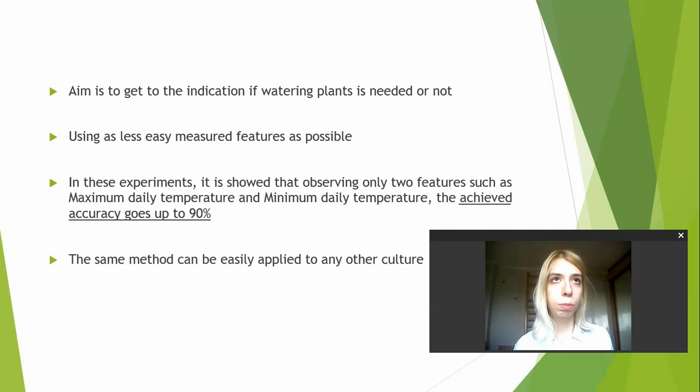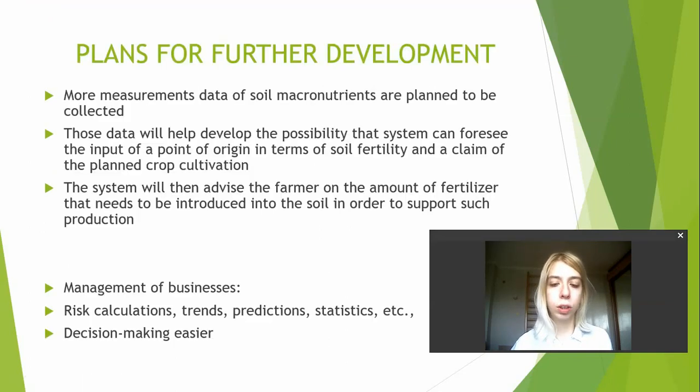So, a very concrete piece of advice whether the plant should be watered or not. The same method can also be applied for different cultures, of course, not just these three that we used. It can be applied to any culture.